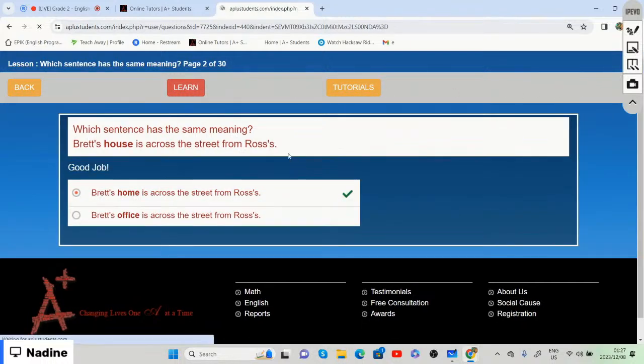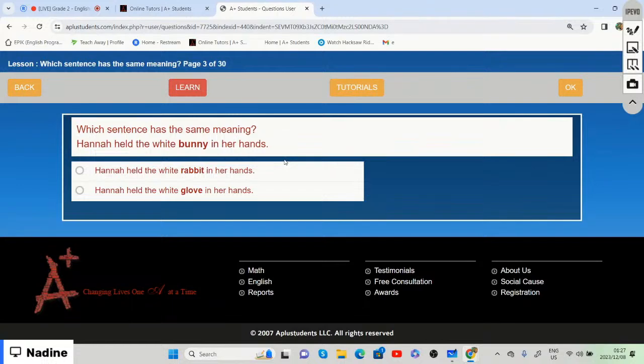So home is correct, because we can either say house or we can say home. Hannah held the white bunny in her hand. So do we say Hannah held the white rabbit in her hand, or Hannah held the white glove in her hand?